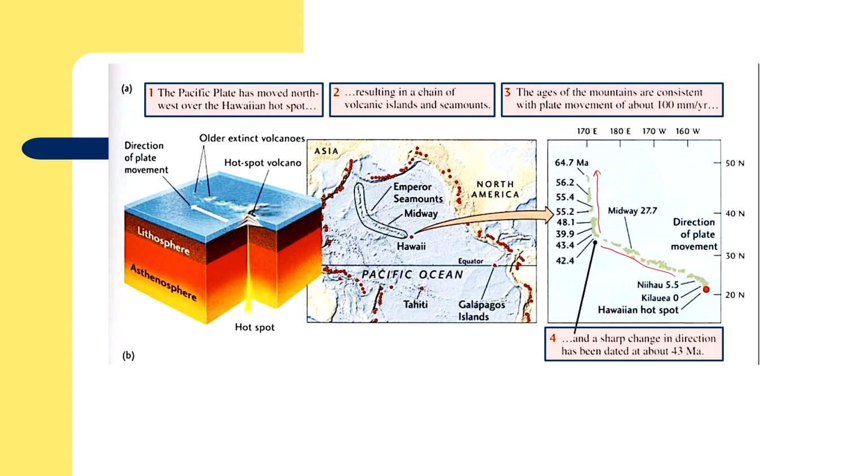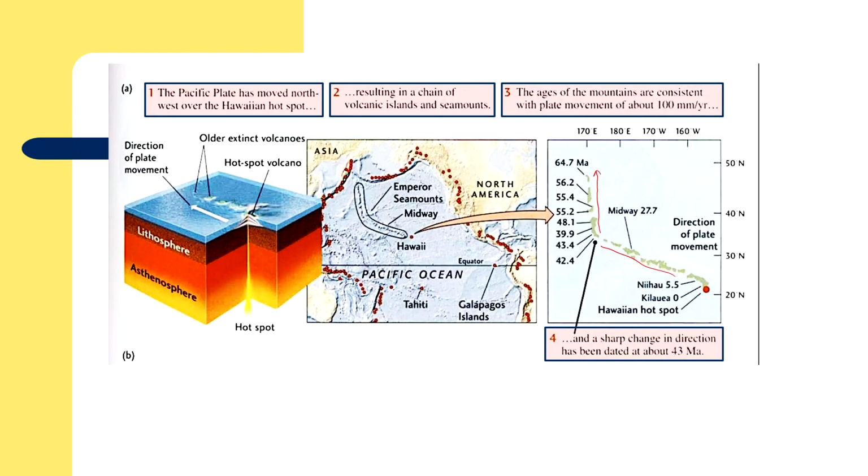So, this explains the process is not instantaneous, it is a slow process of plate movements, and this portion, as you see, is located in the Pacific plate, where we have the South American plate here, then the North American plate here, and this portion is the Japan side and all that.